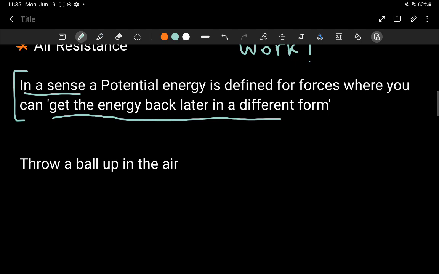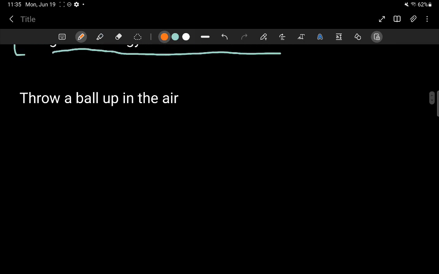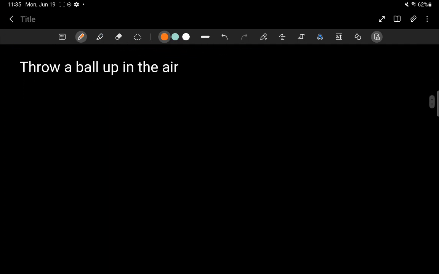So here's a situation where it makes sense to think in terms of a potential energy. Let's say a person throws a ball up in the air. This is actually a really neat example. So here's a person, and here is the little ball.